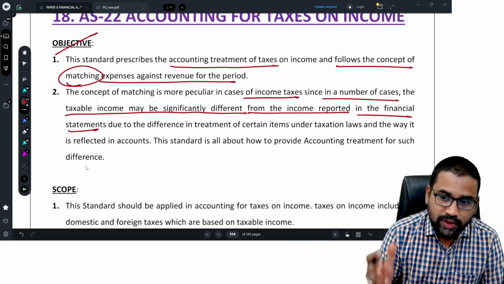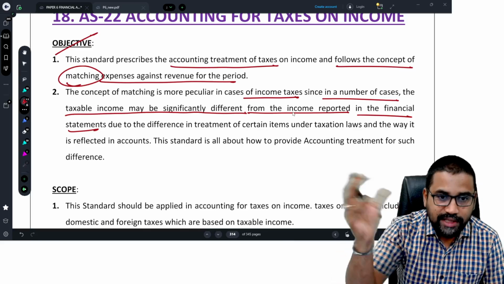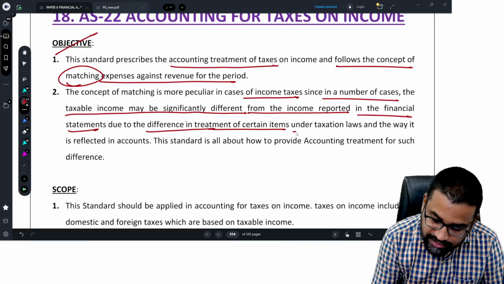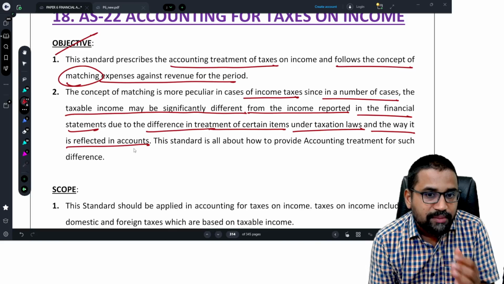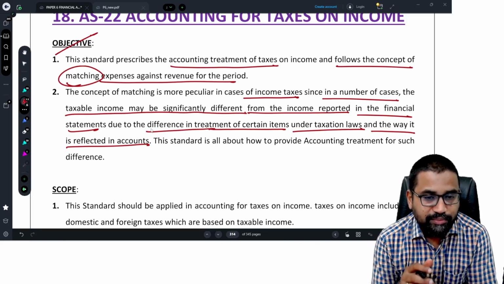Correct? Because what we report in the P&L account and the basis on which you are paying tax are entirely different. Due to the differences in treatment of certain items under tax laws and the way they are reflected in accounts. See, in income tax we have different treatment for different items, but in accounts we follow a different treatment. So there is a difference.